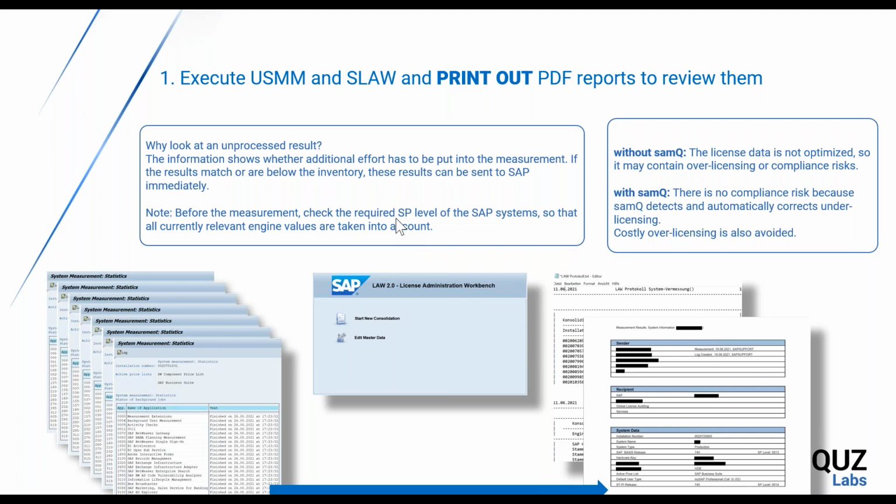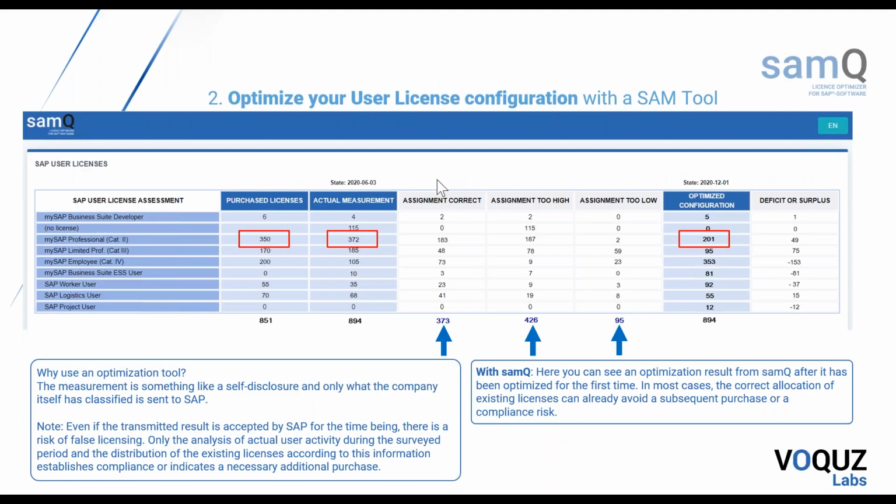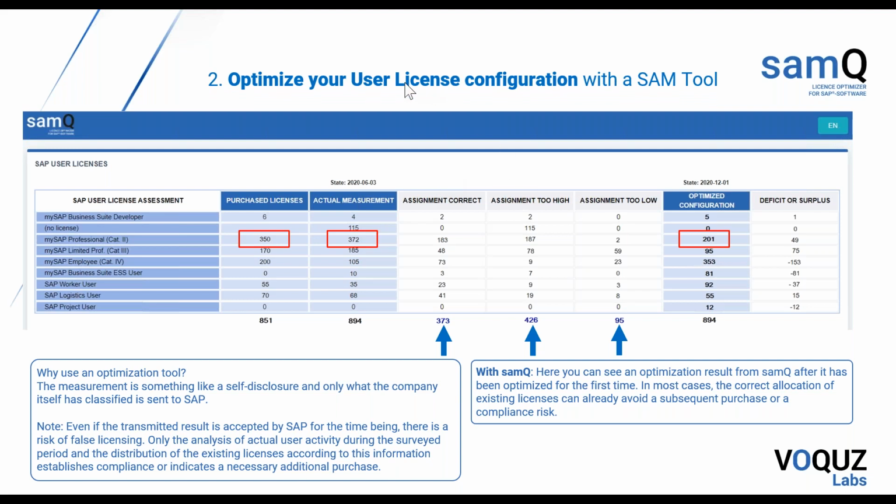This works, but is of course by very, very far not as accurate as what a software asset management tool does, which is looking at the activity profiles, the transactions, application components that every user uses, and then based on that assign a user license. So next one, optimize your user license configuration if you have a SAM tool.